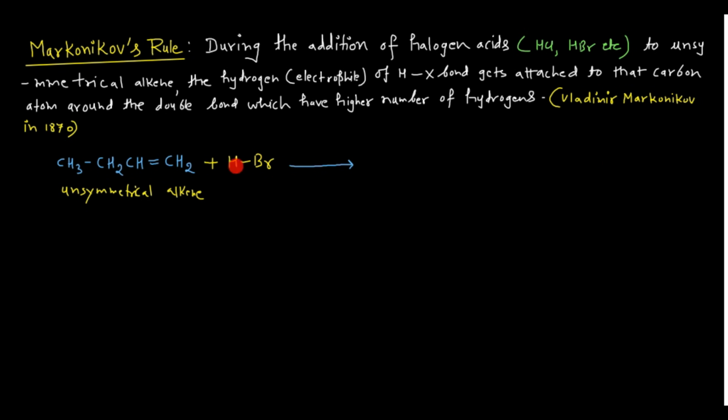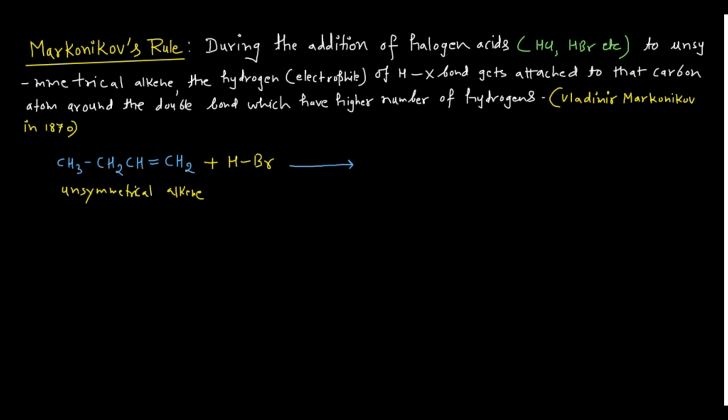And he gave the statement: during the addition of halogen acids like HCl, HBr, HI, etc. to an unsymmetrical alkene, the hydrogen, which is generally the electrophile in the HX bond, gets attached to that carbon atom around the double bond which has the higher number of hydrogens. This is the idea basically, and why Vladimir Markovnikov gave this idea, we will see in a little while.